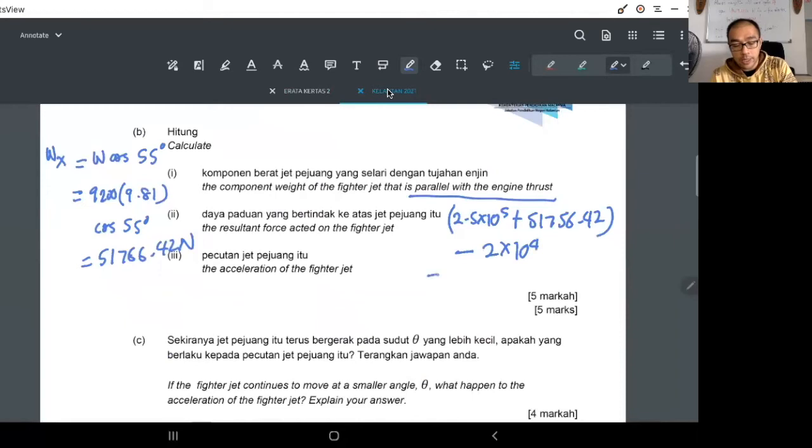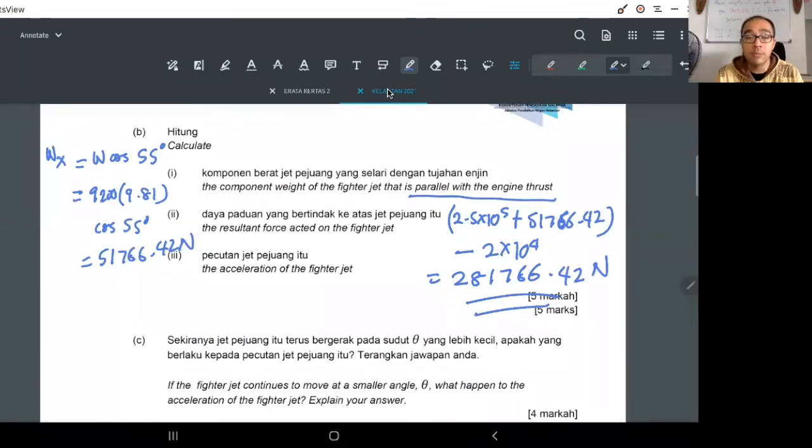You should be able to get 281,766.42. So the resultant force, the forward minus the back, you get 281,766.42.